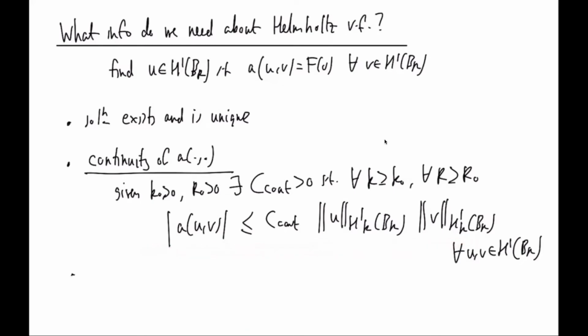And then the third thing we need is that the sesquilinear form satisfies a Gårding inequality. What's the pronunciation? Gårding, I think. Gårding. Yeah, it's because it's an A with a ring. Say again?